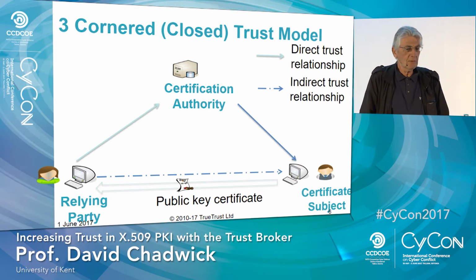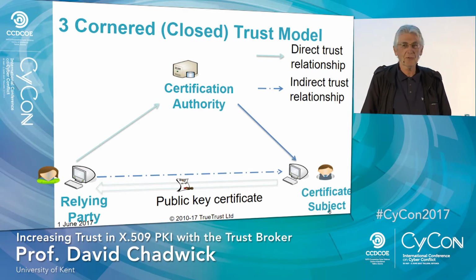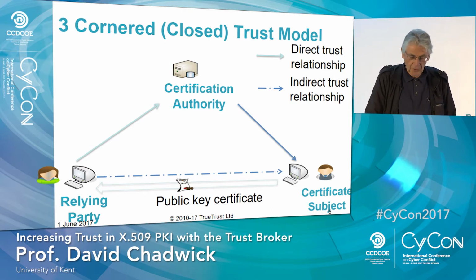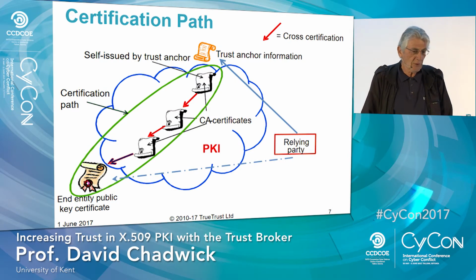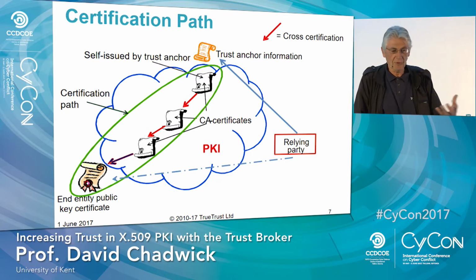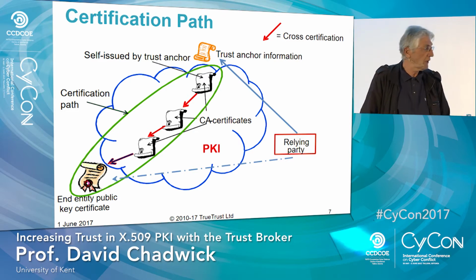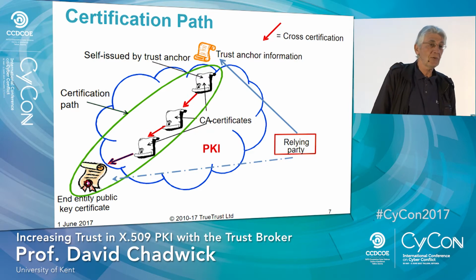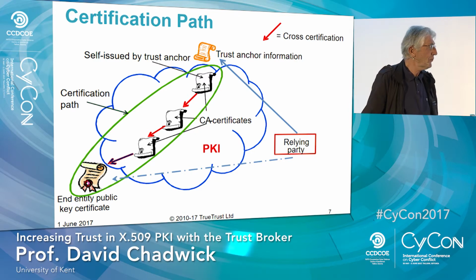And then you say, well, but we don't all have the same certification authority. There may be multiple certification authorities in the world. Okay, so we'll have cross-certification for that. With cross-certification, the CA that I trust and that's my trust anchor cross-certifies another CA, and that might issue the certificate to the person I'm talking to, or that CA might cross-certify another CA, and eventually there will be this set of cross-certified CAs.